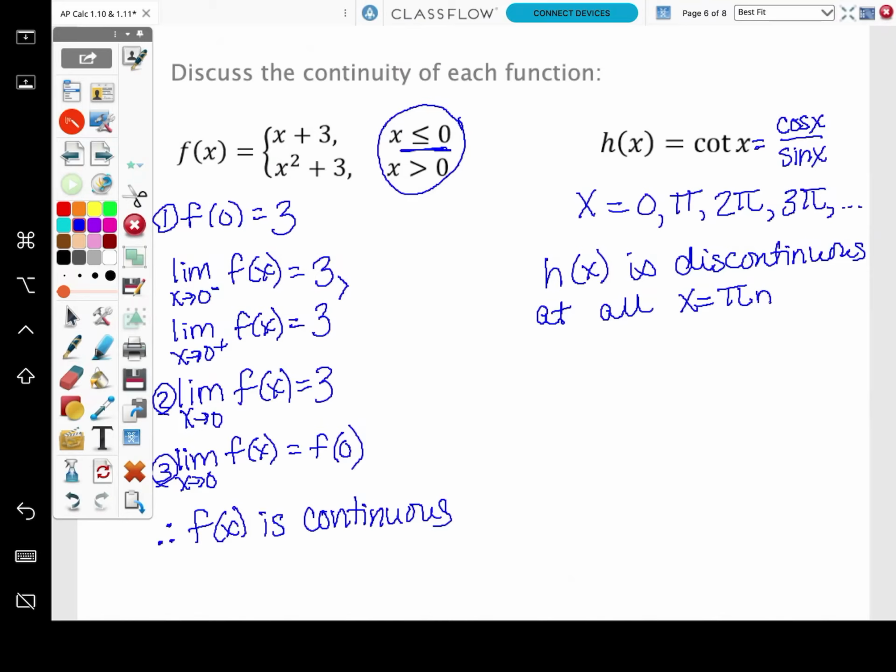So all multiples of pi is what I'm saying, and we want to say n is an integer. This is going to be probably new notation for you. So this part says that we're doing multiples of pi, and I saw that by just my investigation, knowing what sine does. And this part says I can use any n value, positive or negative, as long as it's an integer. So negative 3, negative 2, negative 1, 0, 1, 2, those things.